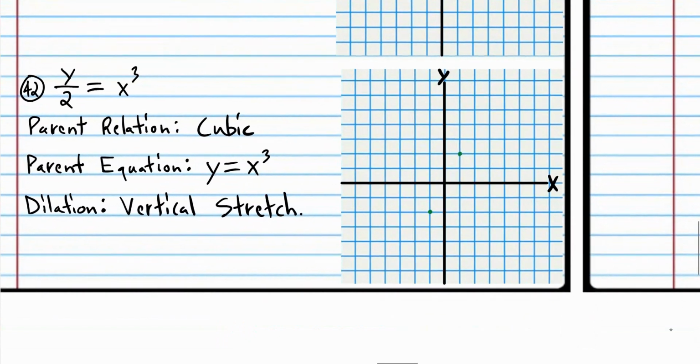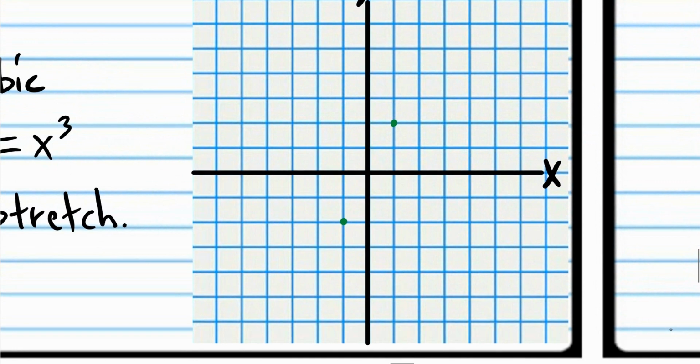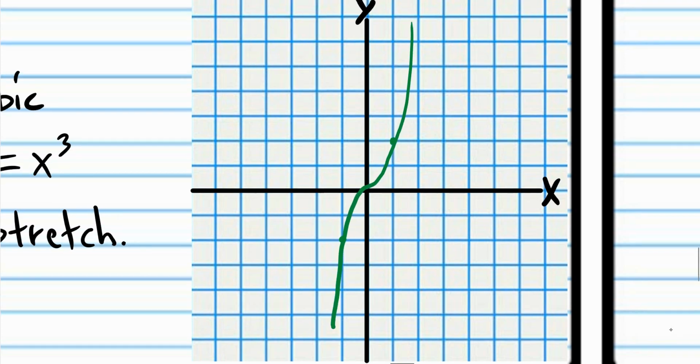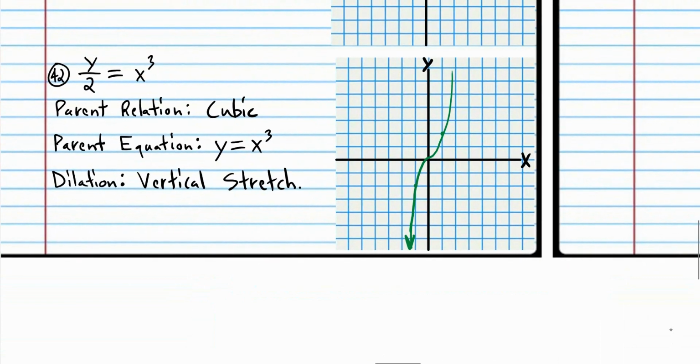Anything else is going to be off the graph. So now we just connect the dots. We could find some more points to make our graph more accurate, but that's okay. So there you go.